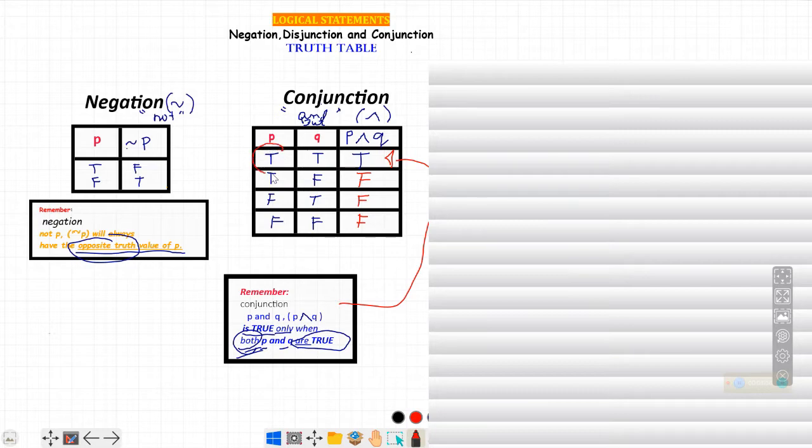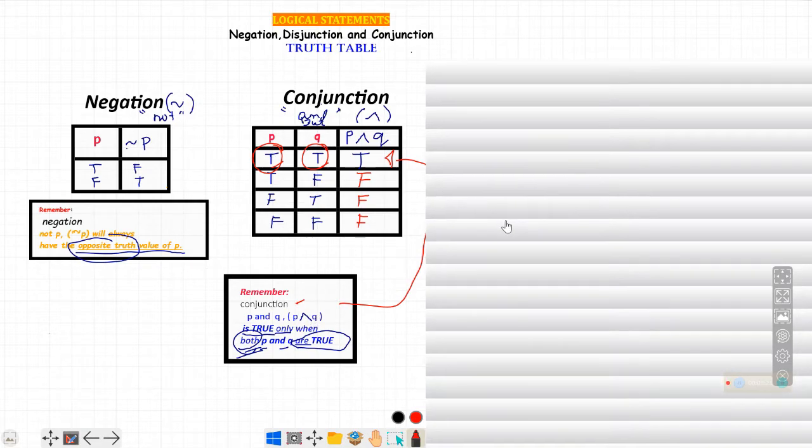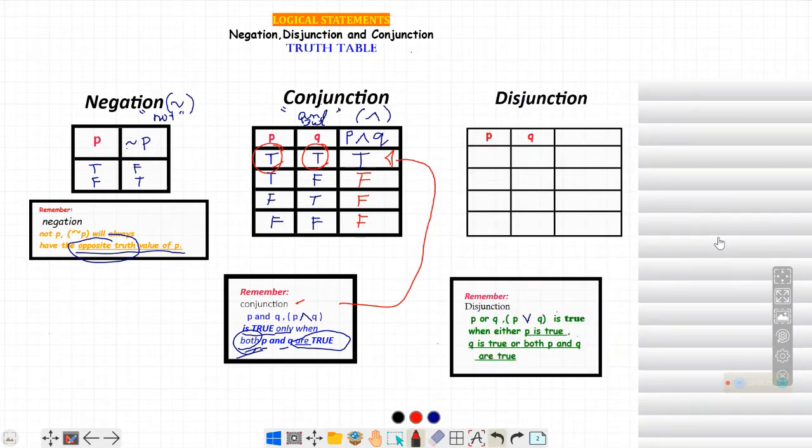So as you can see here, only the statement that has both P and Q true has the true value. The rest, which have only one or none of them true, are false. That's what you need to remember if the compound statement is a conjunction. Okay, next is the disjunction.